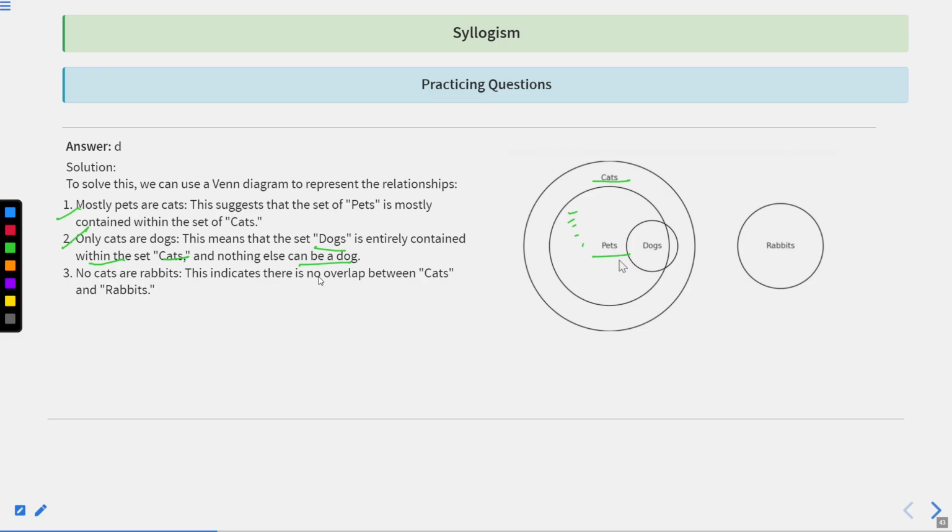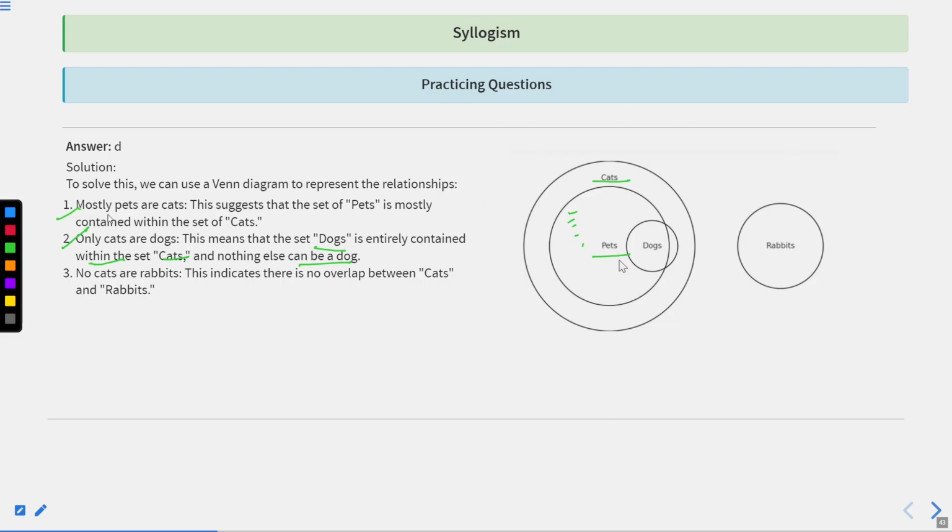Means the dog will be smaller and cats will be bigger. Why? Because only cats are dogs. So dogs will be smaller. Dogs will come inside the circle of cats. Then the third one is no cats are rabbits, which means there is no relation between cats and rabbits. Okay. This is how the diagram would look like.